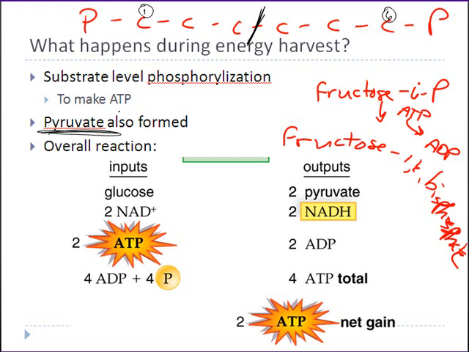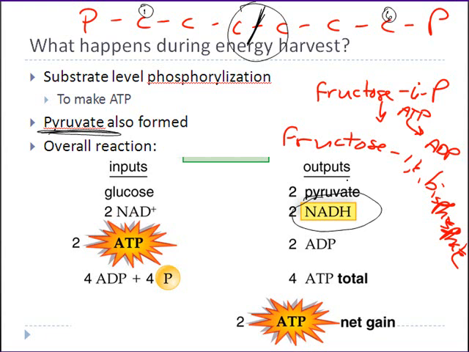The important part that you need to know is that in the process of taking that fructose 1,6 bisphosphate and splitting it apart, and the series of steps that are used to do that to make pyruvate, because we're breaking apart some individual chemical bonds, when we break apart chemical bonds, energy is released, and we're going to harvest that energy and store it in some ATP molecules, and we're also going to store it temporarily in the coenzyme NADH.